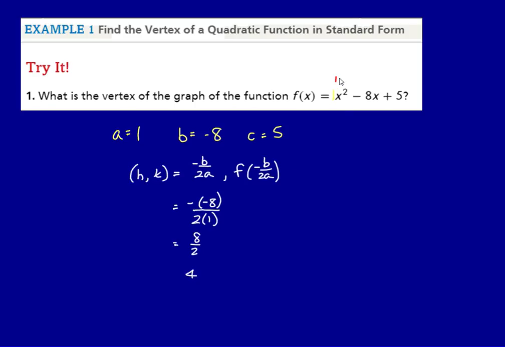That's going to be 16 minus 32 plus 5. Just plug in 4: x squared minus 8 times 4 plus 5. So that's going to be negative 16 plus 5, which is negative 11. So my vertex here is, sorry, is 4, negative 11.